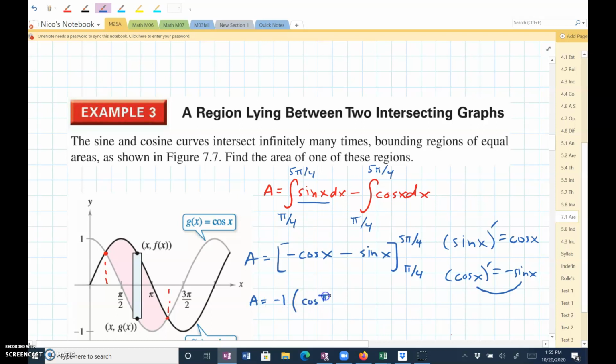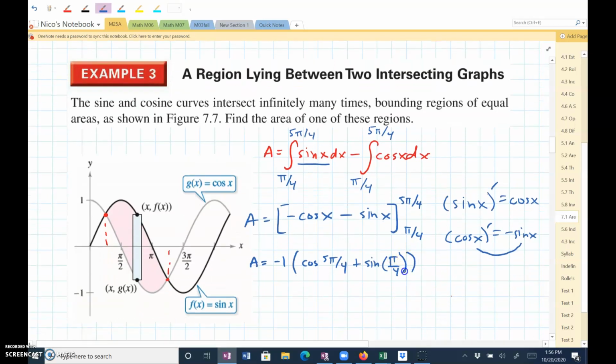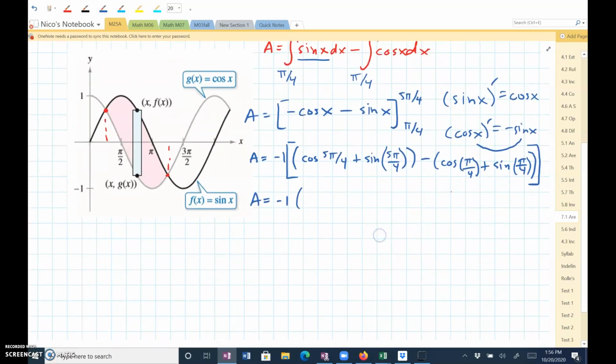This is going to be cosine of 5 pi over 4 plus sine of 5 pi over 4, minus cosine of pi over 4 plus sine of pi over 4.